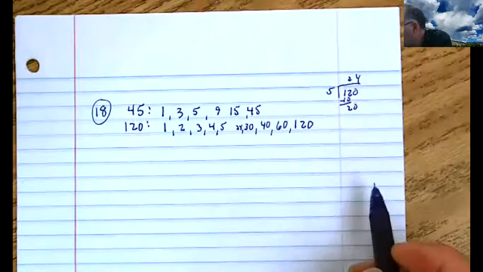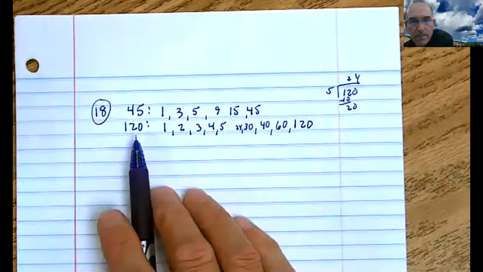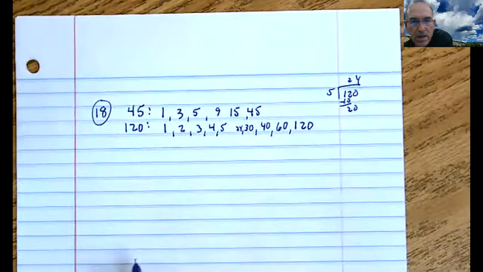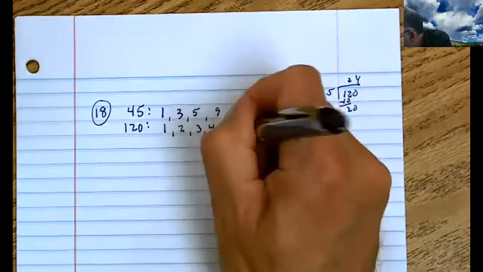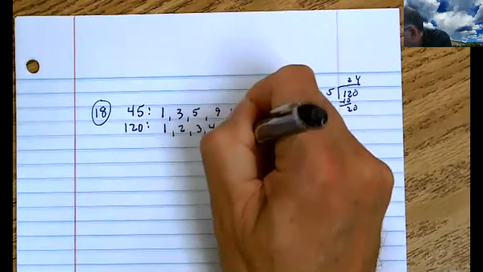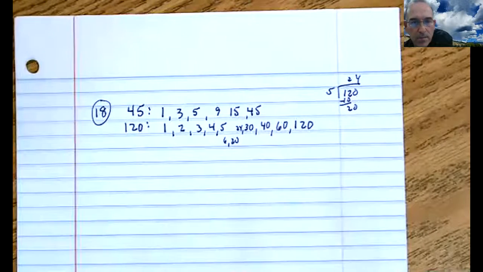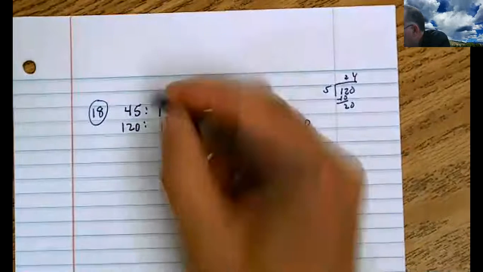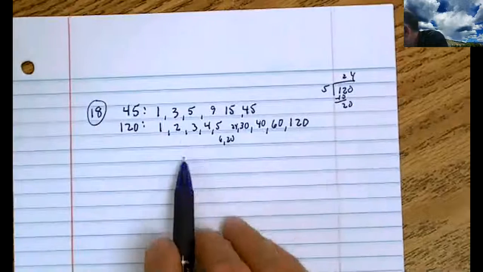What about 6? Does 6 go in there evenly? Sure looks like it would, doesn't it? Would it be 20? 6 and 20. Any other numbers? What about 8? I think we got them all. Okay, so I want to look through this. Look at all the common factors here.